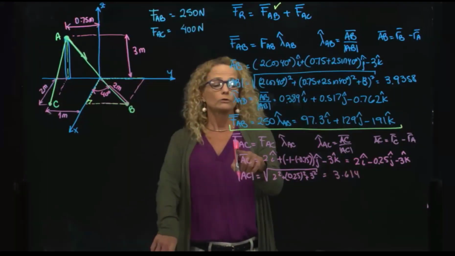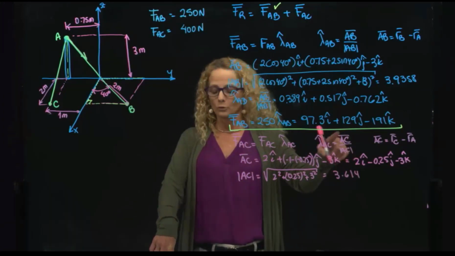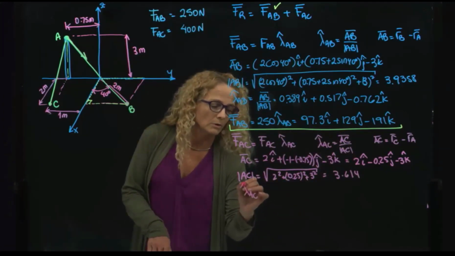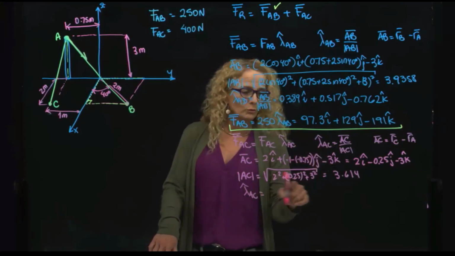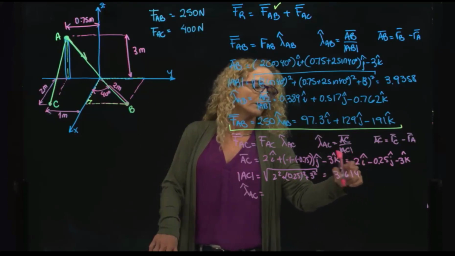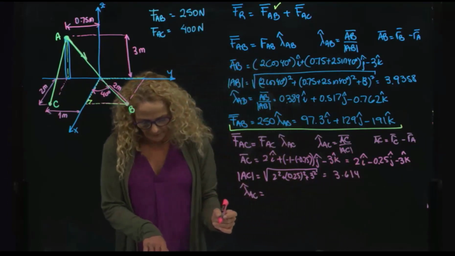Now that I have the magnitude and I have the vector, I can find the unit vector. So the unit vector will be equal to that vector that I found, dividing each component by its magnitude. Let me write it right here.